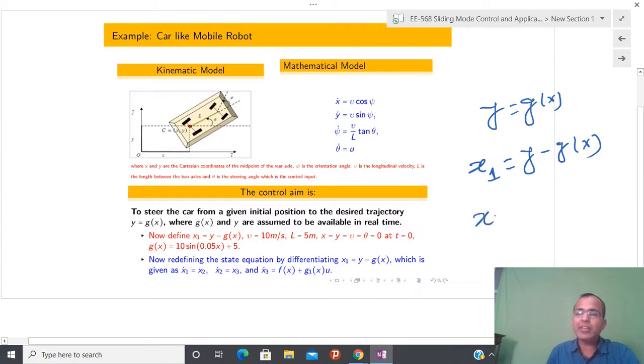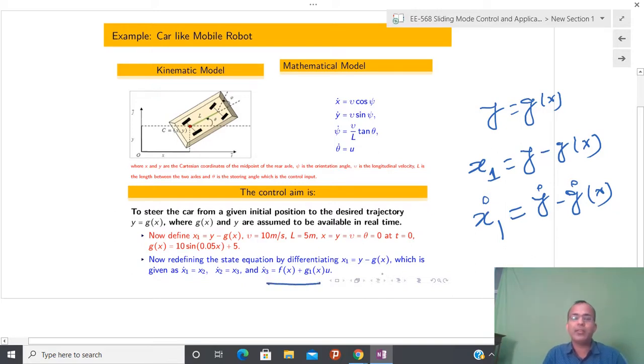Now x1 dot is nothing but y dot minus g dot x. Whenever we write g dot x, it means you have to do dou g by dou x times x dot. And if you differentiate this n times, then at least on the third time the control is going to explicitly appear.